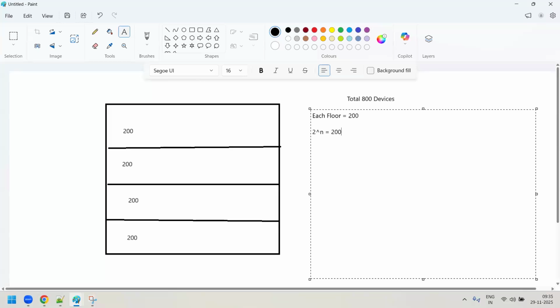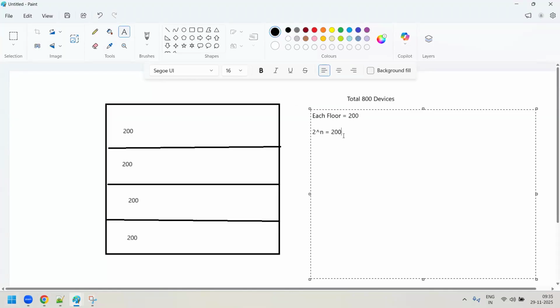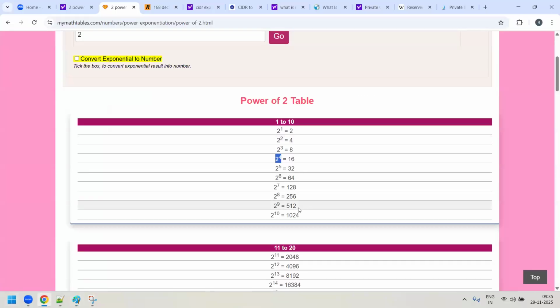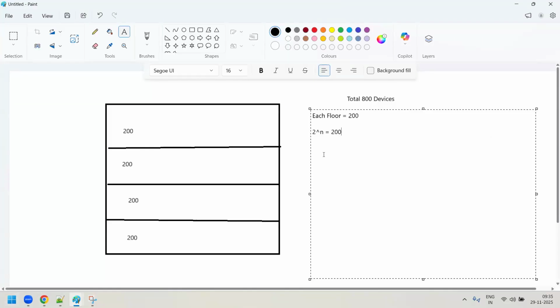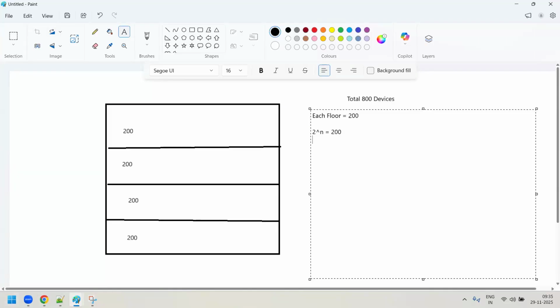Am I clear, sir? Now, if you go back to the truth table here, what is the nearest value to 200? Can you go with 2 to the power of 8? 256. 256 is greater than 200, right? The value n is 8. If n is 8, what would be the capital N? Capital N will be 32 minus 8, which will be 24. Is it clear, sir?